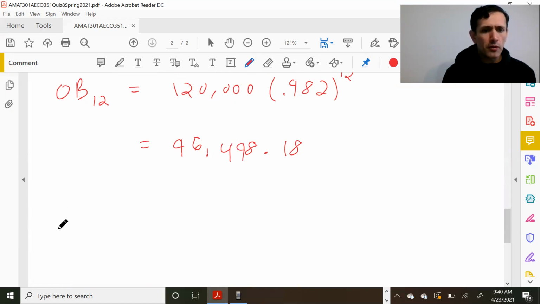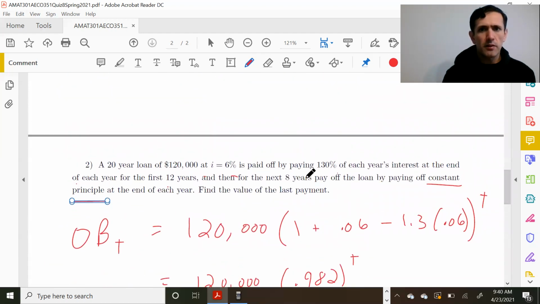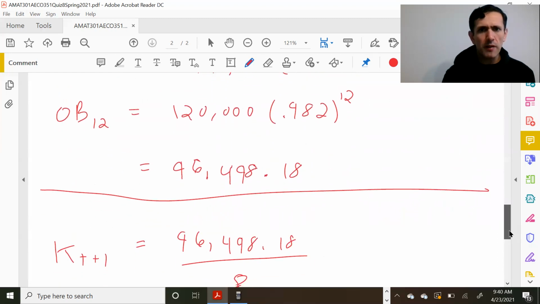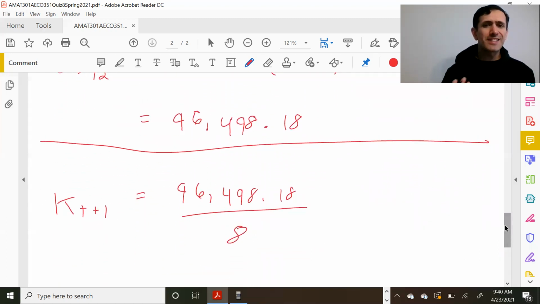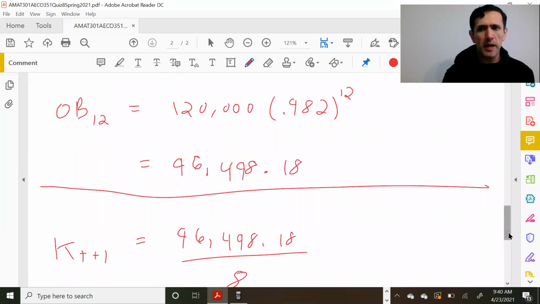Okay, so for this new loan, we have a formula for payments. K_{t+1} is going to be your outstanding balance divided by the number of payment periods, and that's 8, so 8 years. So obviously, if you're going to pay constant principal each year, this is how much principal you're going to be paying.